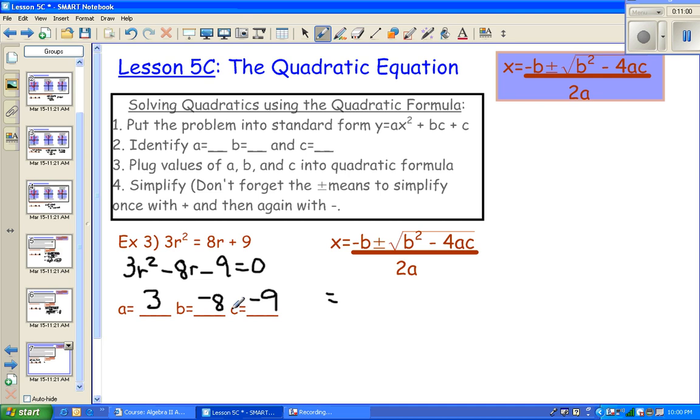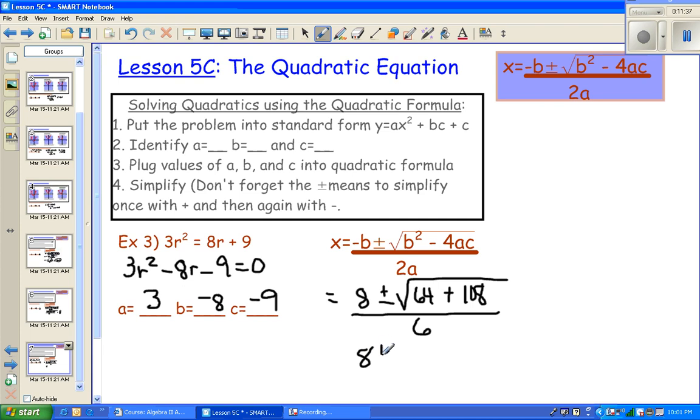So we have negative b, so it's a negative 8, plus or minus the square root of b squared, so negative 8 squared is 64, minus 4 times 3 times negative 9, so a minus and a negative is going to give us a plus 108 here, over 2 times a, which is 6.